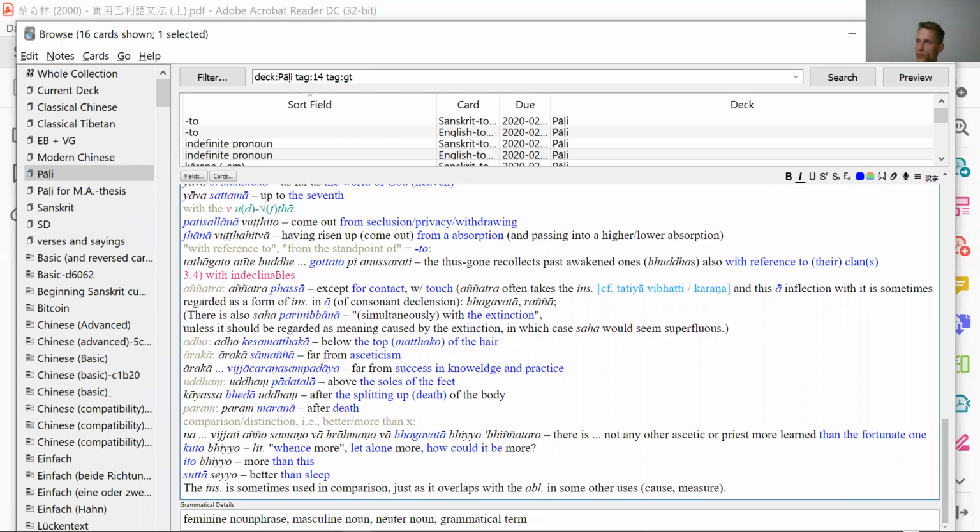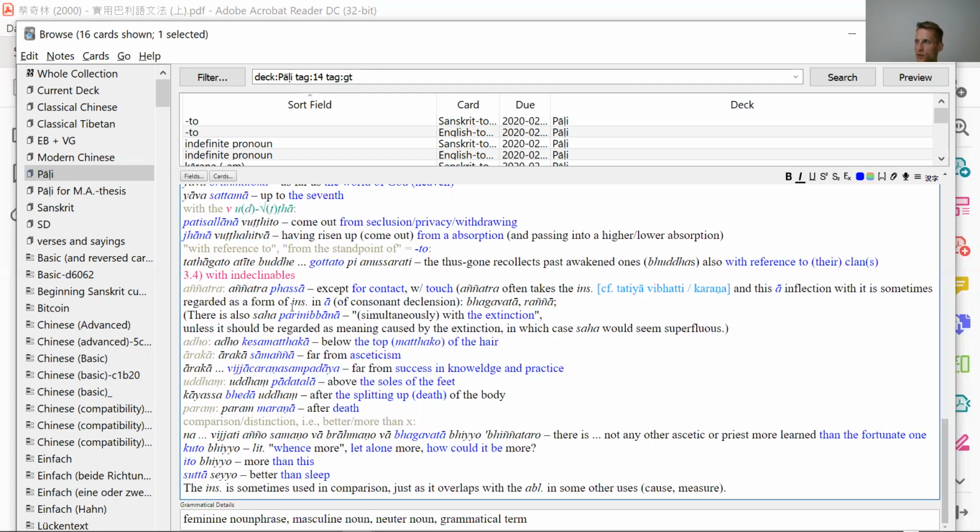Then even with reference to, from the standpoint of, with the suffix to, taṭṭhakathā atite buddhe gottato pi anusarati. The thus gone taṭṭhakathā recollects, anusarati, past awakened ones, atite buddhe, also pi, with reference to their clans, gottato.